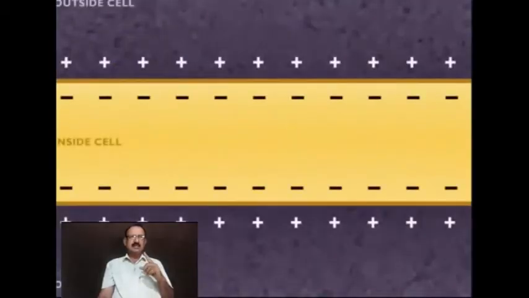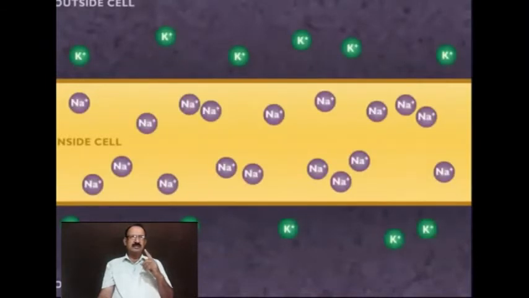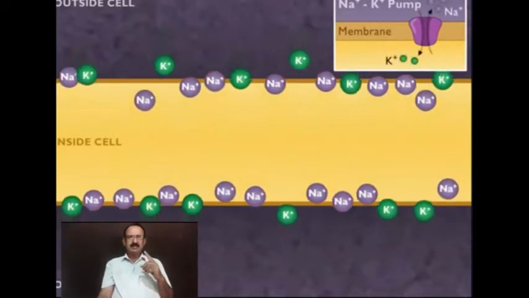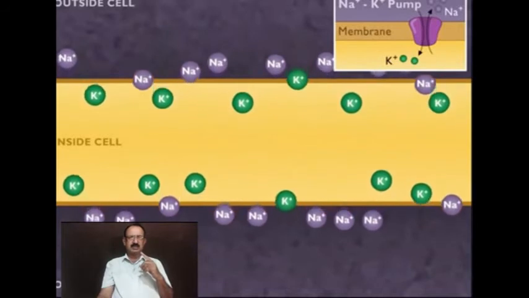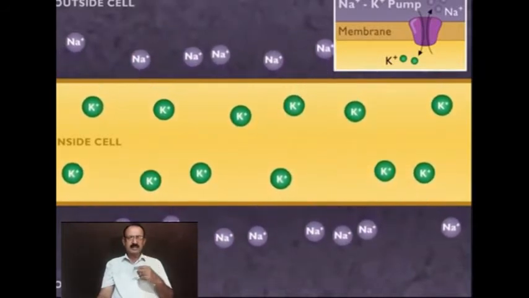When a nerve impulse is generated, there is a change in permeability of the cell membrane. The sodium ions flow inside and potassium ions flow outside, causing a reversal of charges. The cell is now depolarized. The depolarization results in an action potential, which causes the nerve impulses to move along the length of the axon.